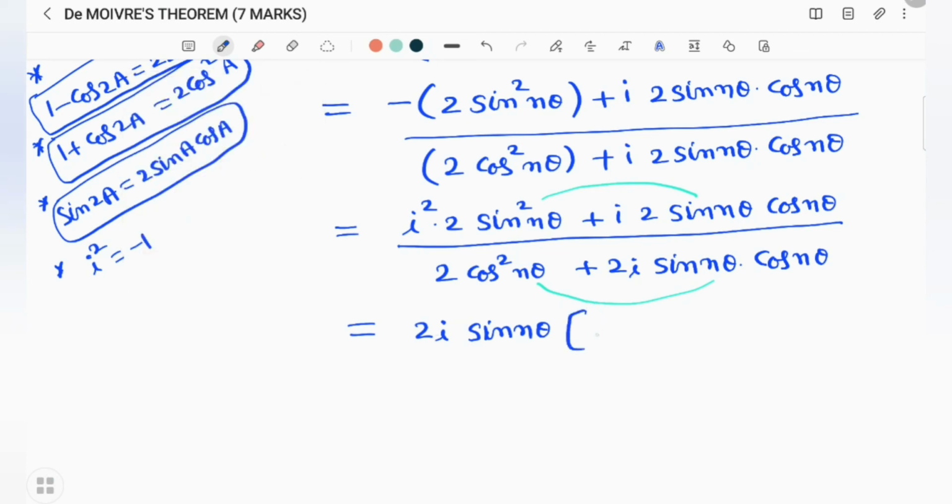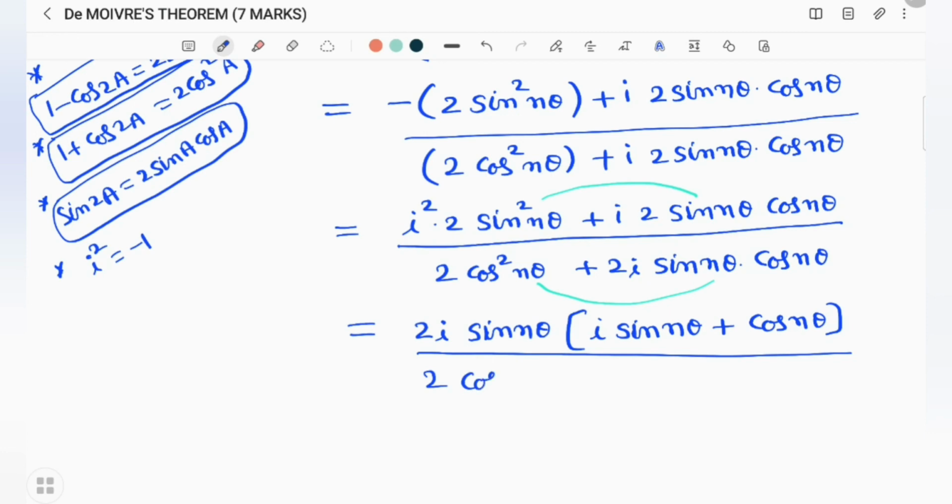So 2i sin nθ, if you take out common, the rest of the term is i sin nθ plus here cos nθ, divided by 2 cos nθ, if we take out common from the denominator, so cos nθ + i sin nθ. So both the bracket values are the same.